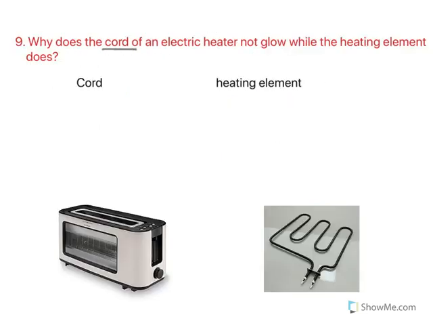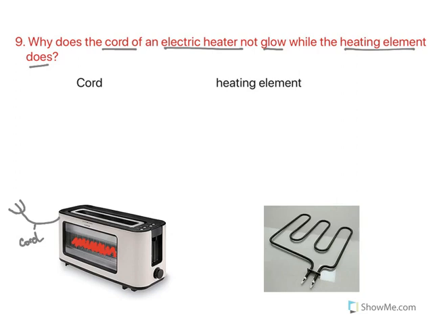Why does the cord of an electric heater not glow while the heating element does? Now here's a toaster. In a toaster we have seen that inside there is a red glow when it becomes nice and hot, but the wire that connects it to the socket, this wire, the cord, does not glow.